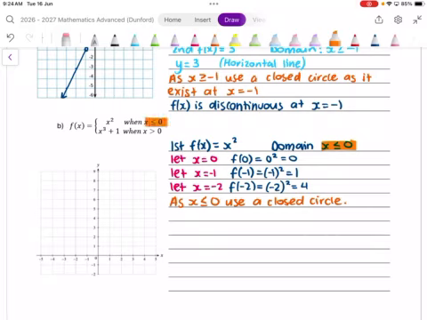So we can sketch that. It's 0, 0, minus 1, 1, minus 2, 4, and then it's also at minus 3, 9. I can do that by checking in my calculator what happens at minus 3. And it is a parabola. I might draw that again though.